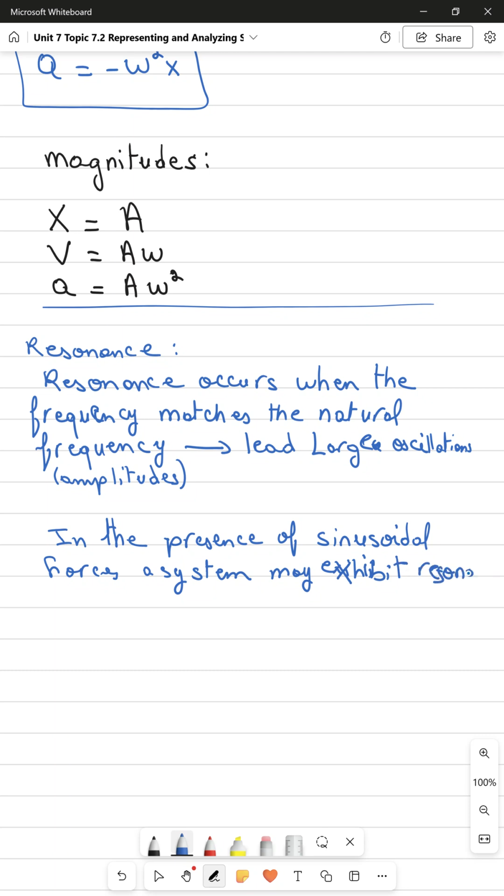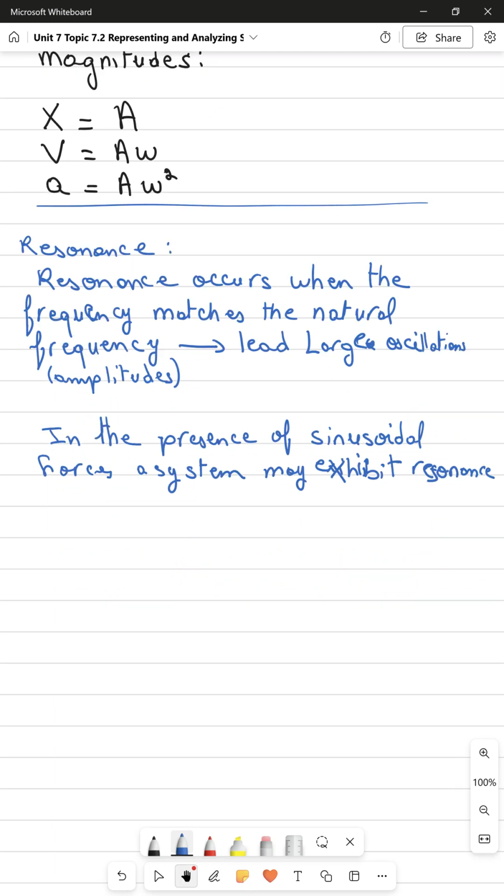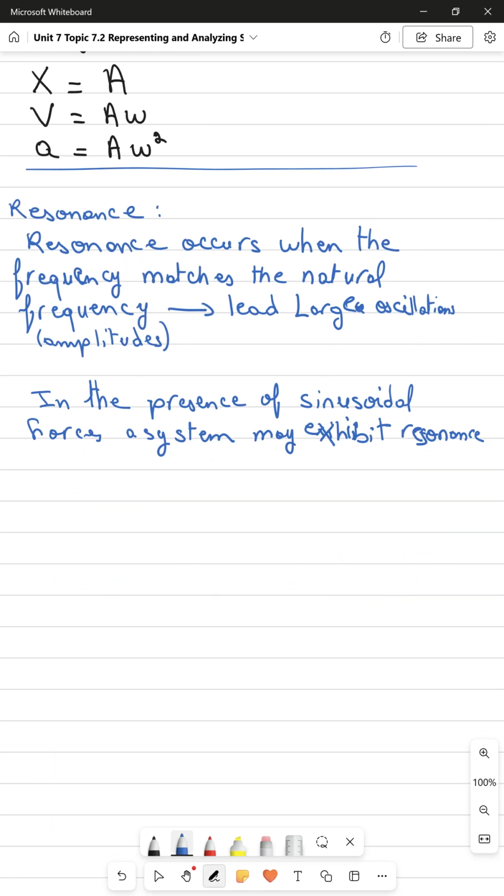So the condition is we need to have an external force, and that force will create a frequency that matches the natural frequency, and that's when resonance occurs.